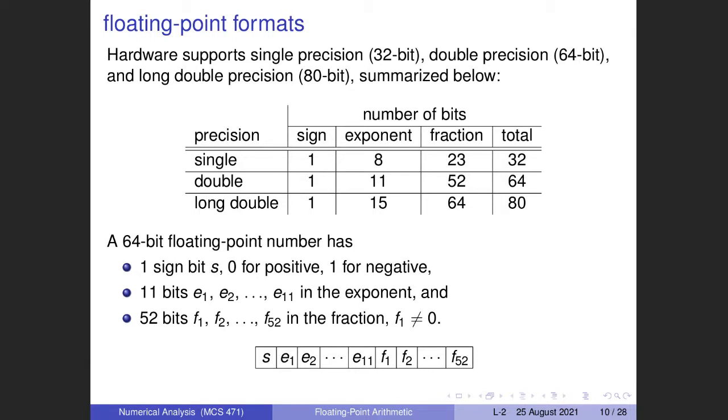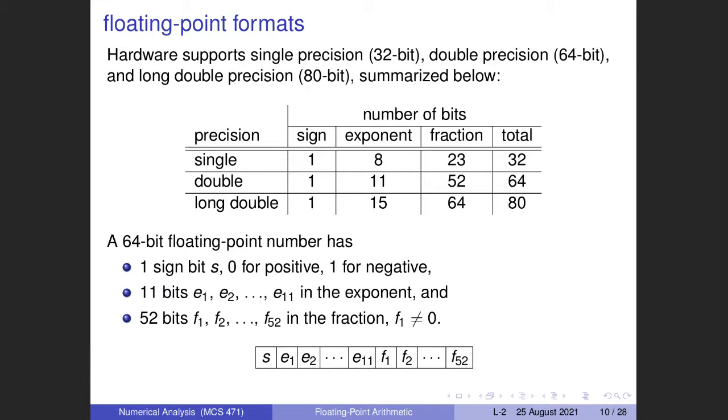Our default will be float 64, the 64-bit float representation. So there are 64 bits. The first bit is the sign. The next 11 bits are the exponent, and then we have the bits in the fraction.